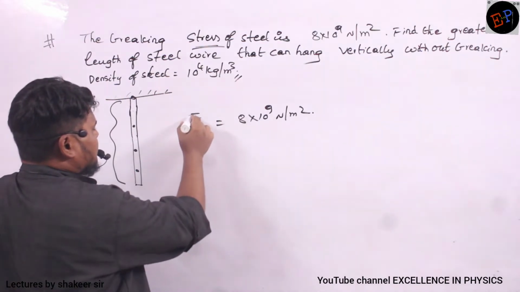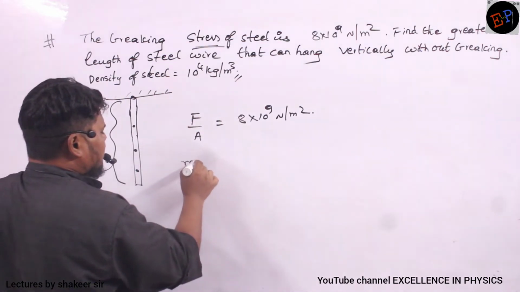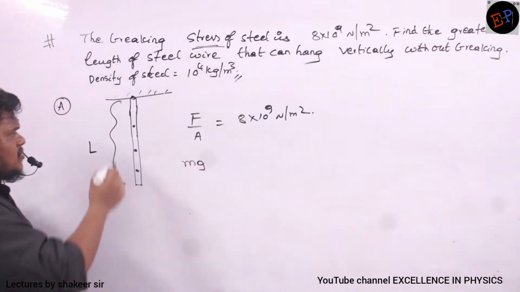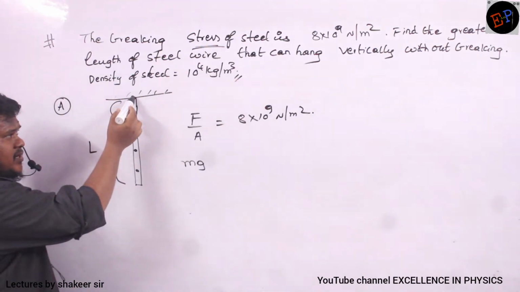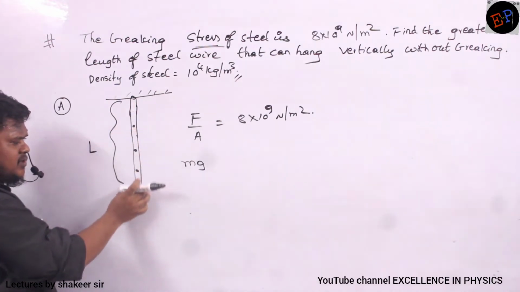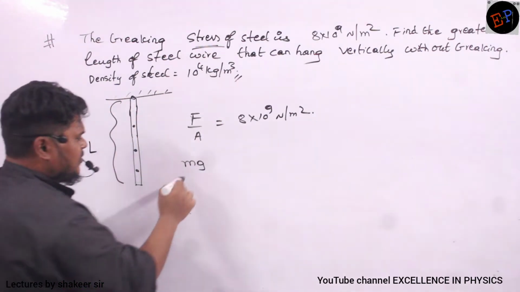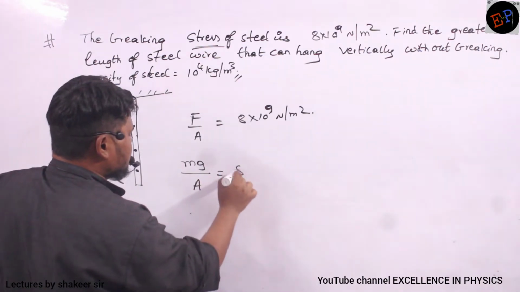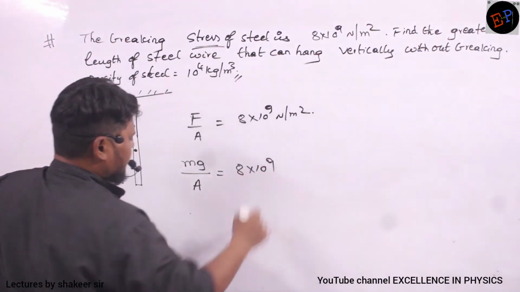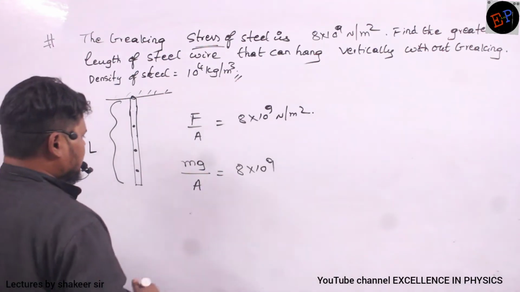So see, my force is nothing but the weight of the rod. At this point where the rod is ready to break down, the force acting is the weight of the rod. So instead of force, I can write weight divided by area of cross section is equal to 8 into 10 power 9.